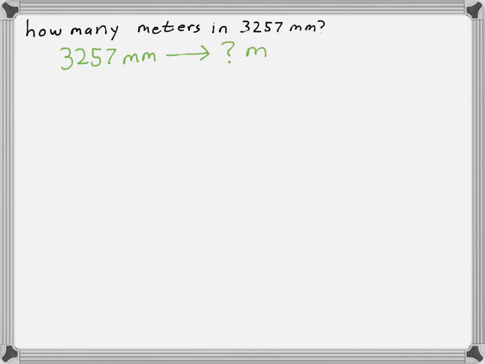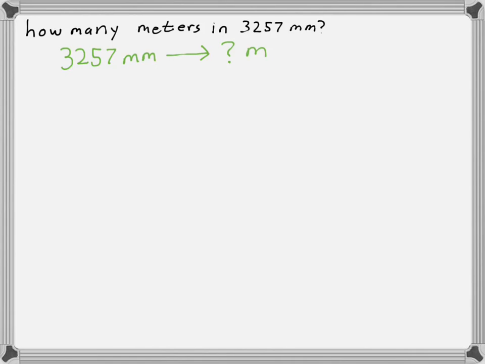Now once you have this step done, the next step either requires a little bit of research or a little bit of given information. What you need to do is get the unit conversion. In other words, you need to find out how many millimeters are in 1 meter or how many meters are in 1 millimeter. You can look that up on Google, and I went ahead and looked that up.